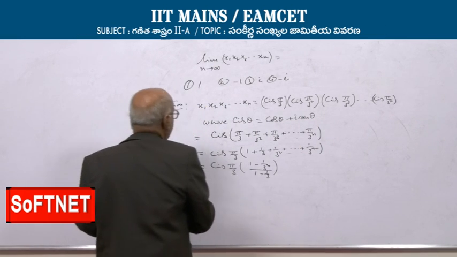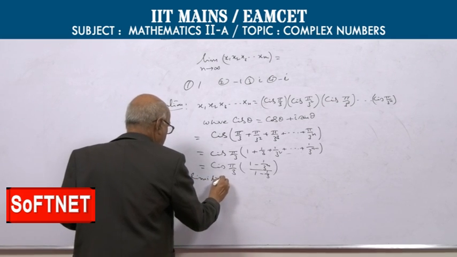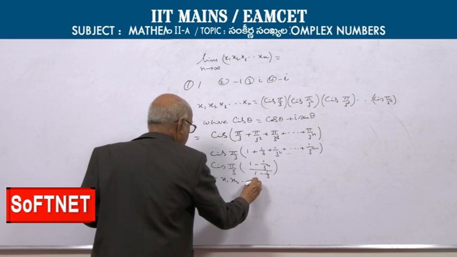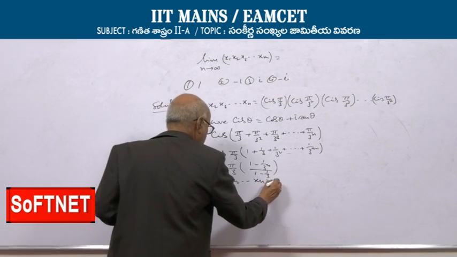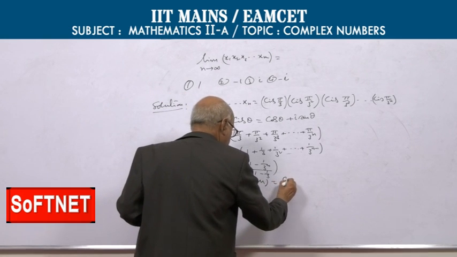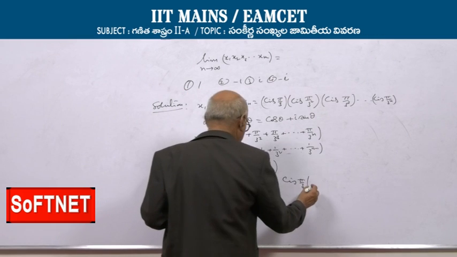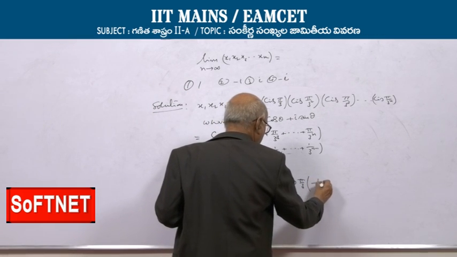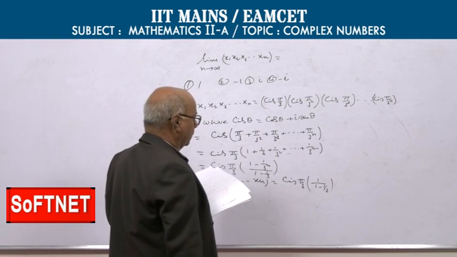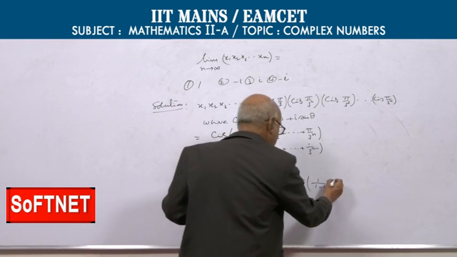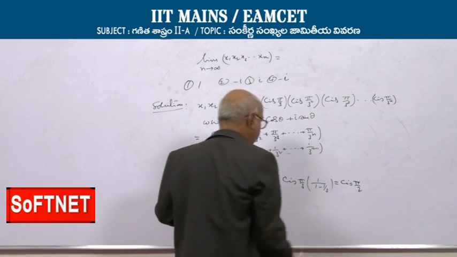So the limit as n tends to infinity of x1, x2, etc. xn is cis pi by 3 into 1 by 1 minus 1 by 3, which is cis pi by 2.